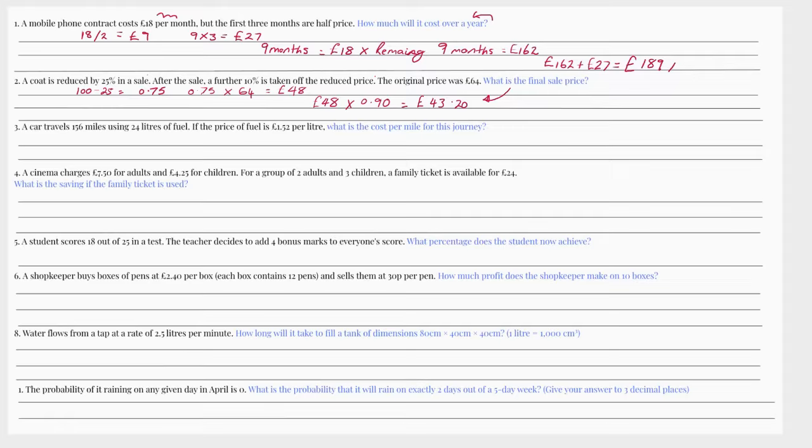So we've got 24 litres and we're going to times that by 1.52, which gives us £36.48.